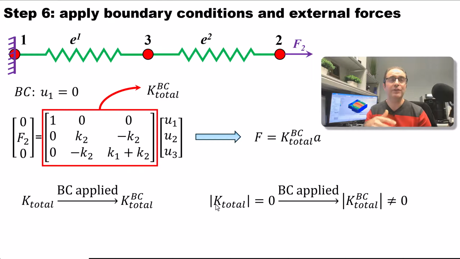To be able to invert a square matrix, it needs to have a non-zero determinant. This is coming from matrix algebra. Now, when we apply the boundary condition, we get to a new matrix, which is K total BC. And if we calculate the determinant of this new matrix, we will see that it is not equal to 0. And that's why now we can solve this problem and it will give us the right answers.